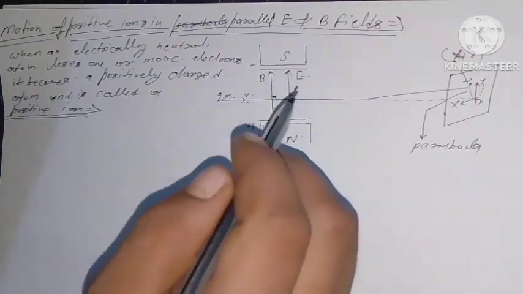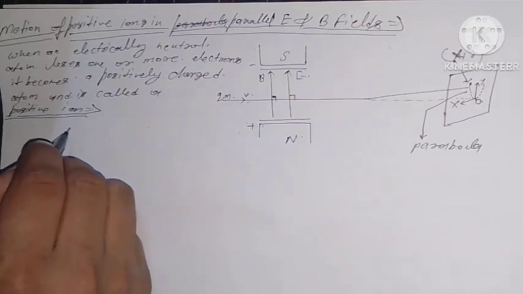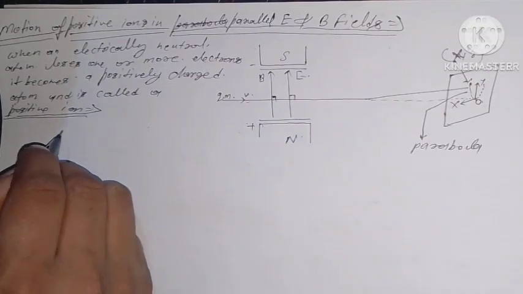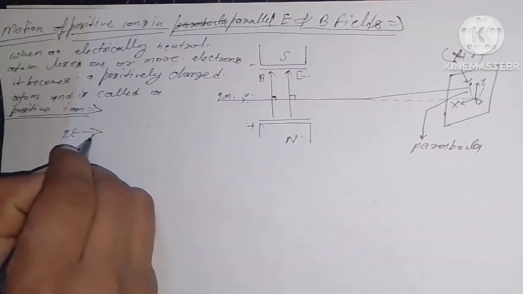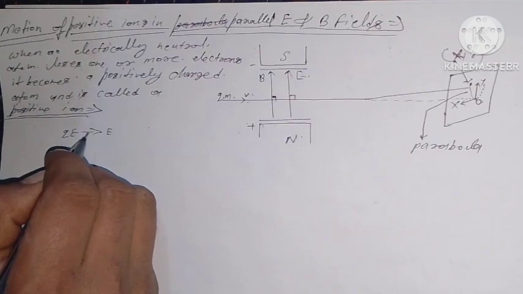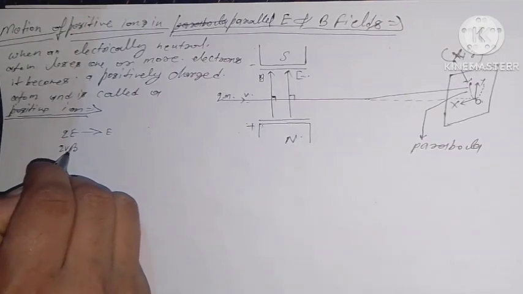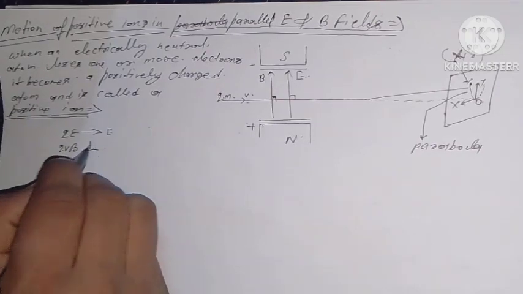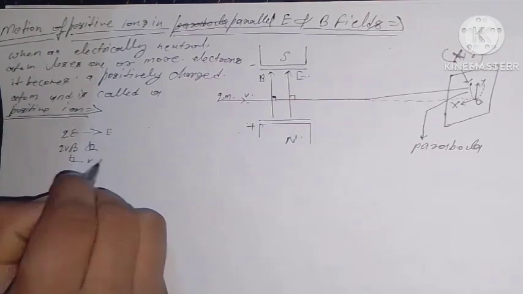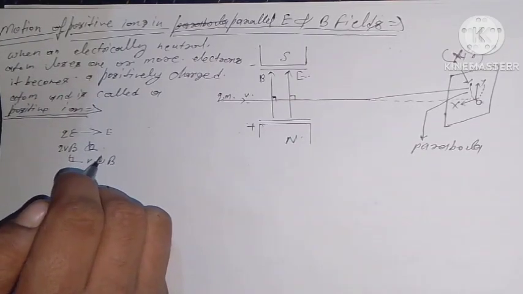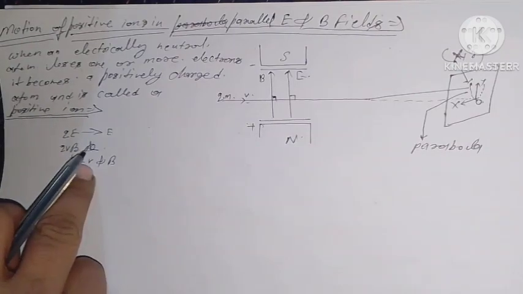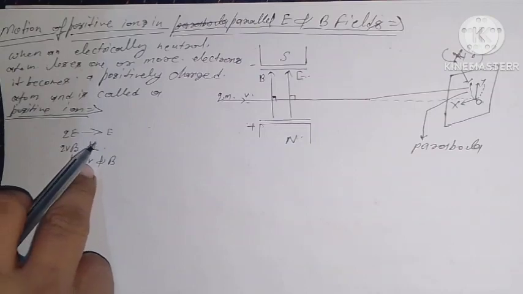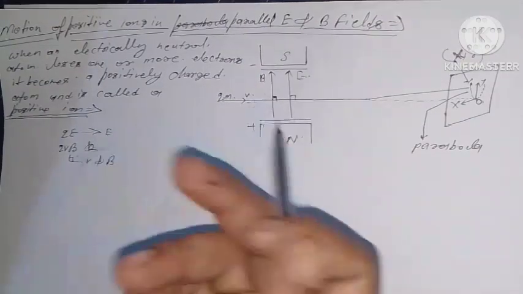In the region of the field, the ion experiences the electric force qE in the direction of E, and at the same time also experiences a magnetic force qvB in the direction perpendicular to both v and B. In the figure, qvB is directed out of the plane of the paper.